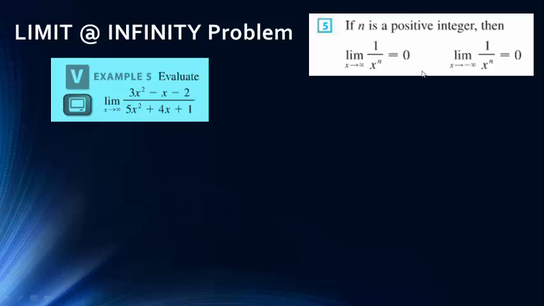Now what these will help us do is they can help us evaluate limits at infinity for equations. Okay? So notice as x is going to infinity, we have 3 times infinity squared minus infinity minus 2, all divided by 5 times infinity squared plus 4 times infinity. So it's very confusing what's happening here intuitively.